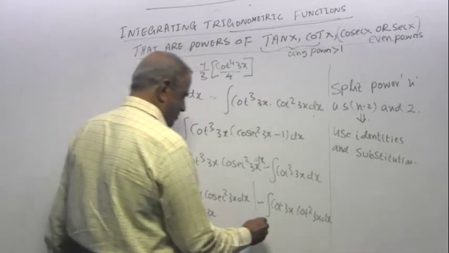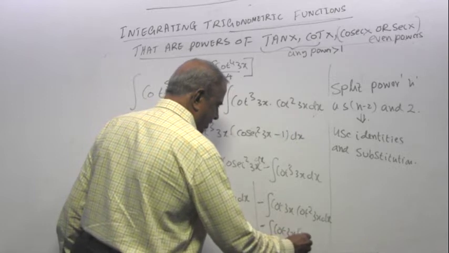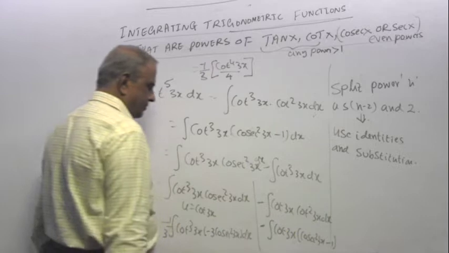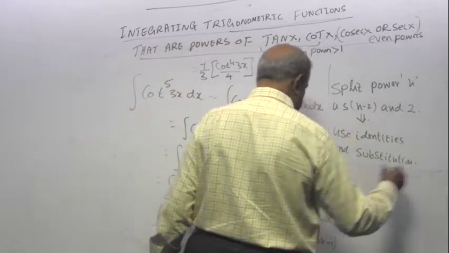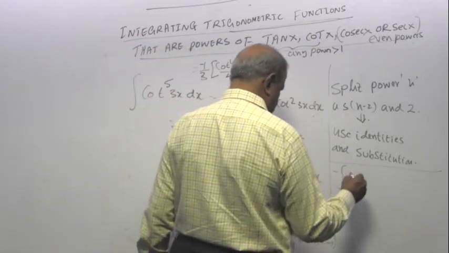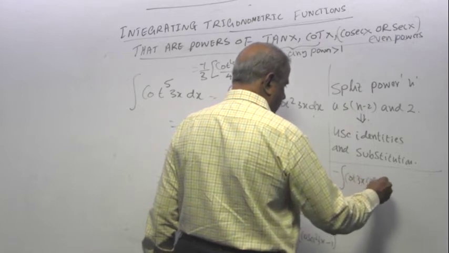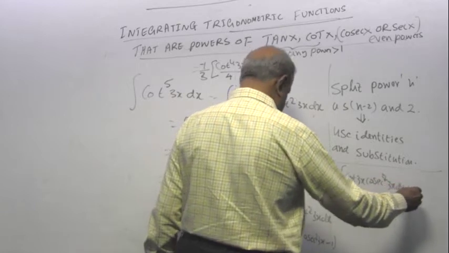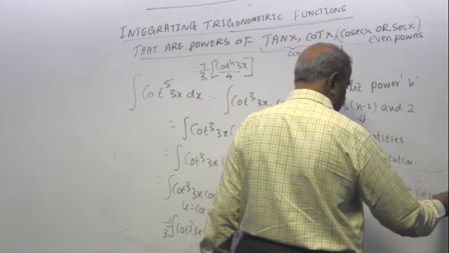So it is minus integral cot 3x times cosec squared 3x minus 1. Let me write it here. I'm just doing that bit because the first one is already done. So it is minus integral cot 3x cosec squared 3x dx plus integral cot 3x dx.